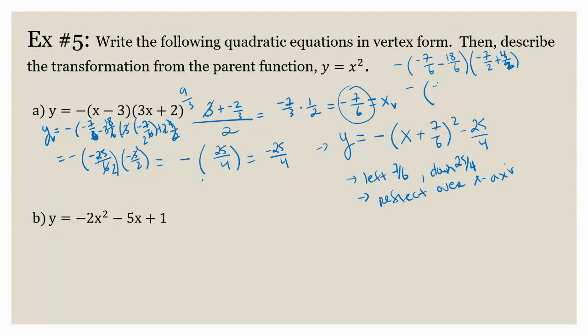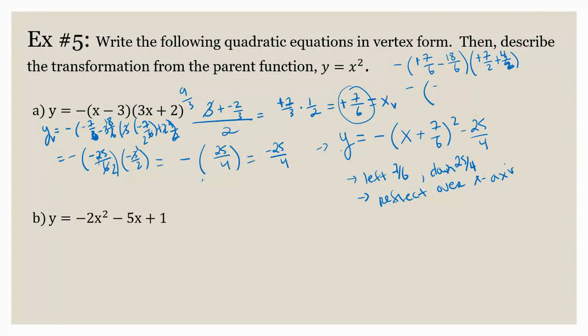Negative, is this not negative? Is that where my error is? Oh my goodness. 9 minus 2 is positive. Oh my goodness. 7 minus 18. What's 7 minus 18? Not 7, negative 7. So that's negative 11/6.